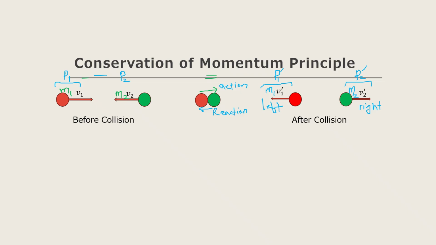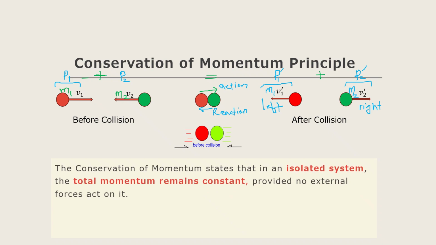The total, meaning the sum of these two, must be equal to the sum of the momentum of each ball after the collision. So we can write the statement of conservation of momentum: in an isolated system the total momentum must be constant if there is no external force acting on that system.